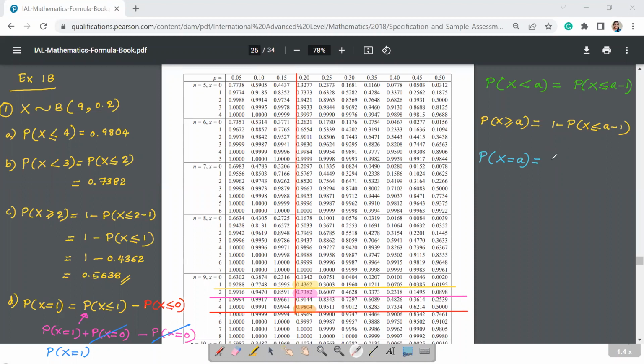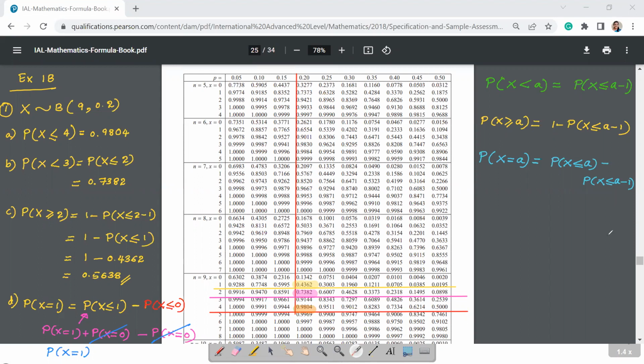You can do probability x is less than or equal to a, and from this you should subtract the probability x is less than or equal to a minus 1.